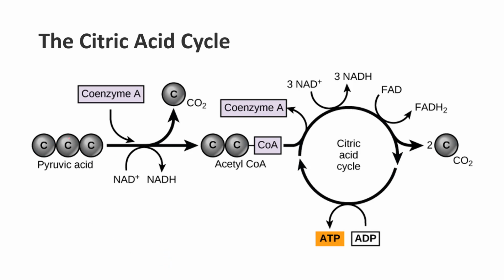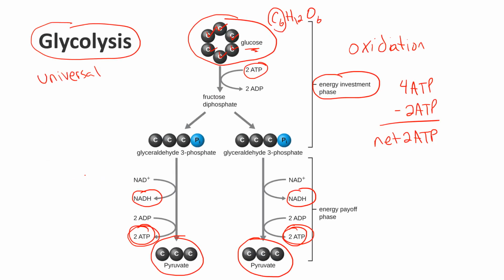So pyruvate and pyruvic acid, for all intents and purposes, are the same molecule. 2 molecules of pyruvic acid are produced per molecule of glucose in glycolysis. And remember, glycolysis took place outside of the mitochondria in the cytoplasm of the cell.